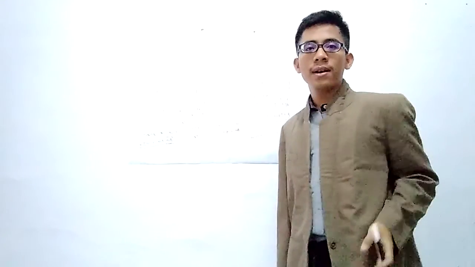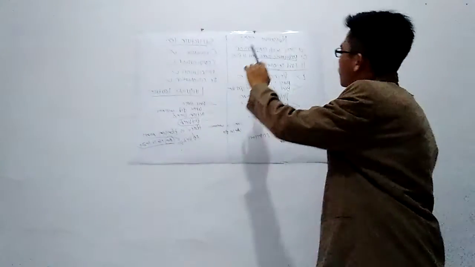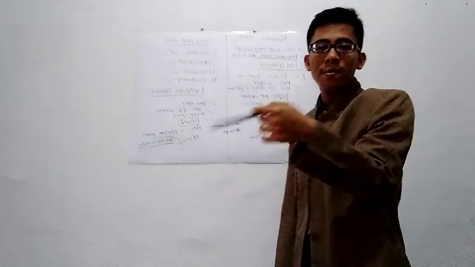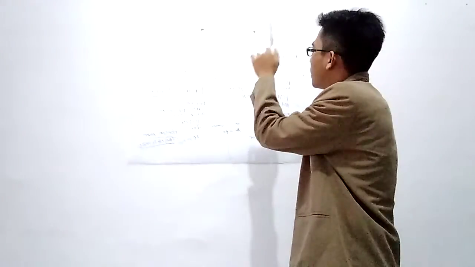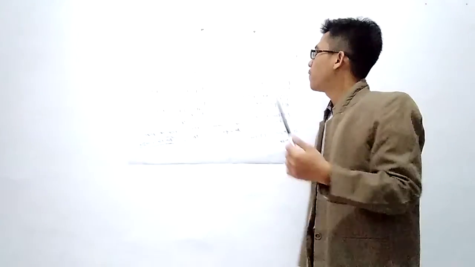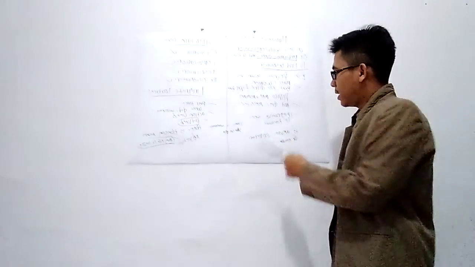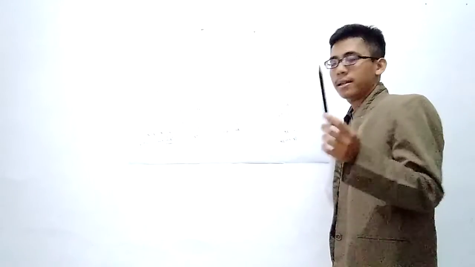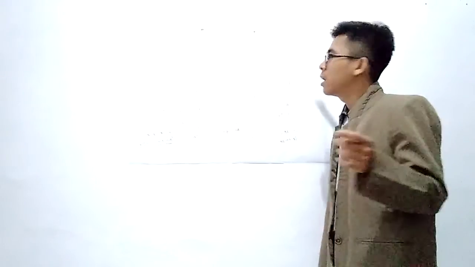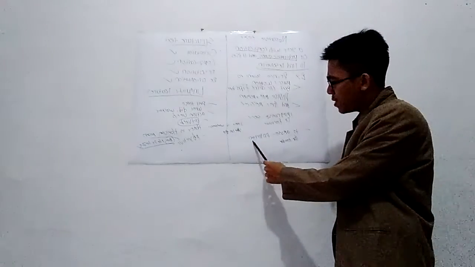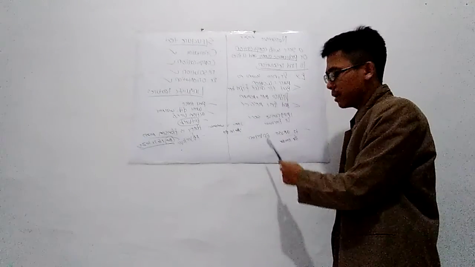So now I would like to make conclusions about narrative text. Focus. The conclusion is narrative text is a story with complication or problematic event and it tries to find the solutions. Or another definition is imaginative story or factual story. And the purpose or function of narrative text is to amuse or entertain the reader by story.